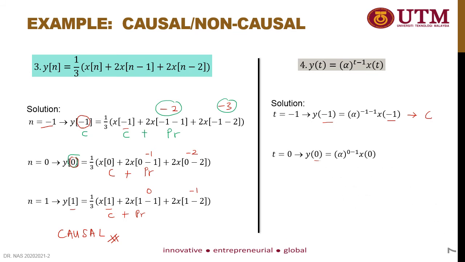The current state is 0, and you have also the input x(0). So the system is also in current state. Next, when t equal to 1, this is the current state of the output, and the input also at the same t value. So this is current state. Again, when there are no future values, the system is causal.